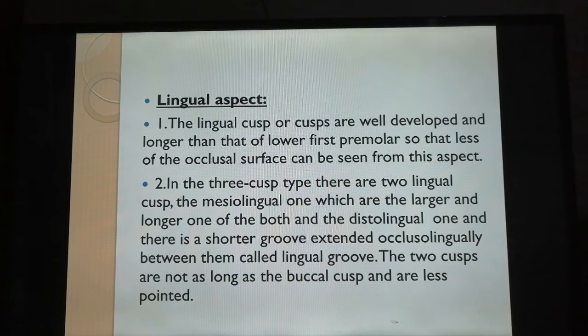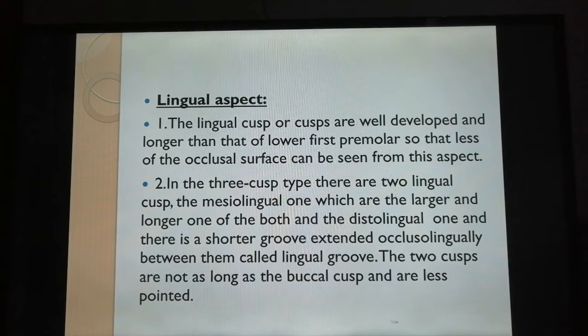Number 2, in the 3 cusp type, there are 2 lingual cusps, the mesiolingual one, which is larger and longer, and the distolingual one. There is a shorter groove extending occlusolingually between them called the lingual groove.